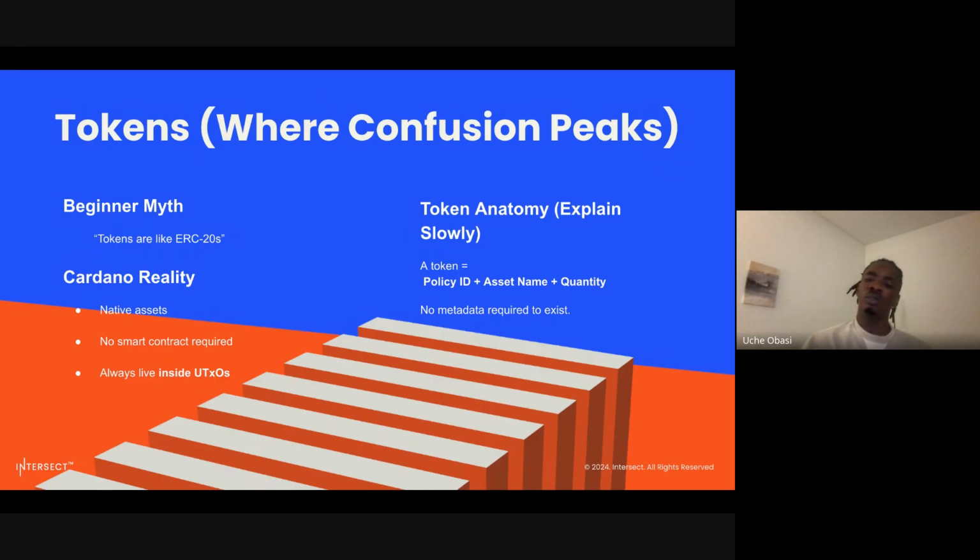So you have a mixture of policy ID, the asset name and the quantity. That's what makes up a token. Basically, no metadata is required to exist. That's the long and short answer to what a token is under the hood.